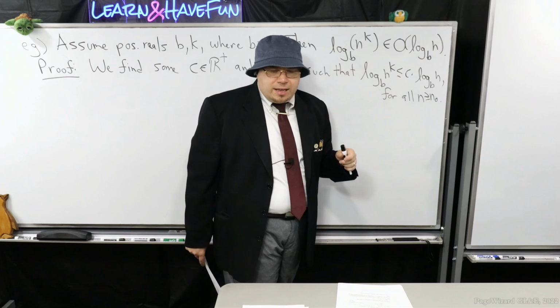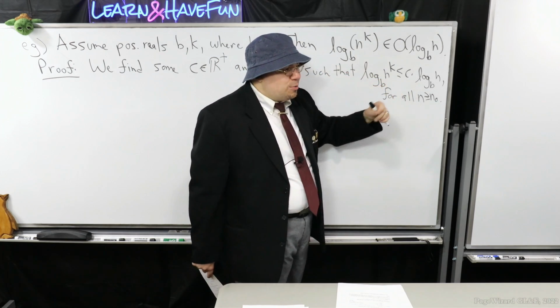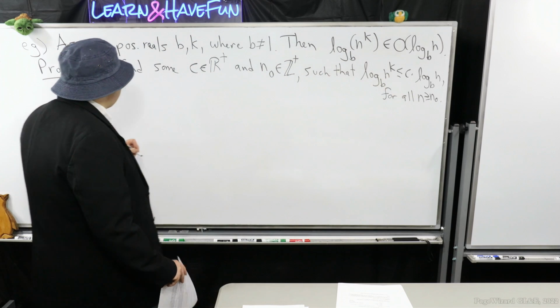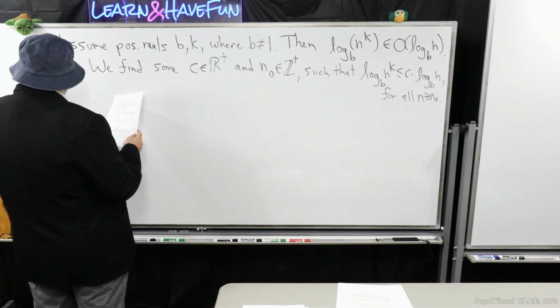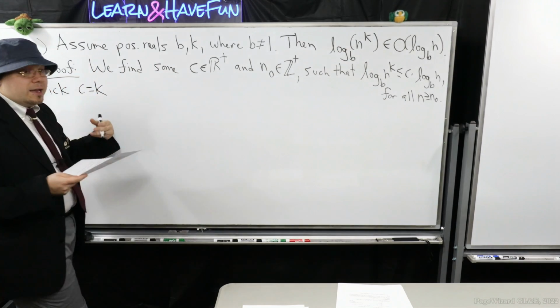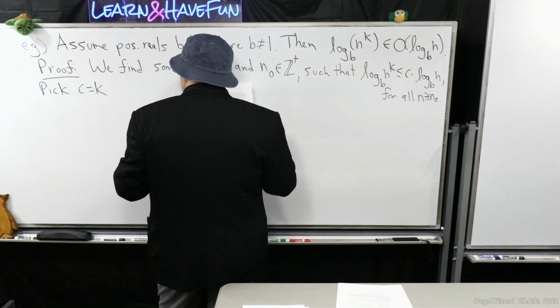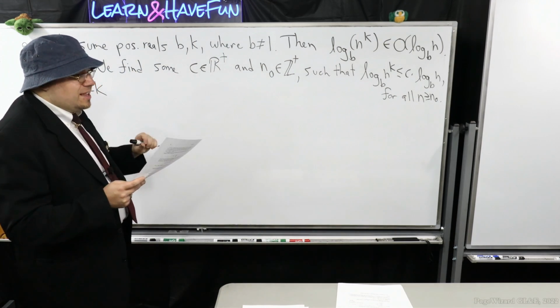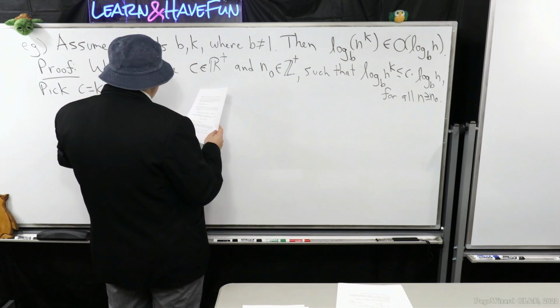But if you look at that very quickly, you see that if I make c equal to k, we're done, right? I just need to use those properties. So pick c equal to k, because I'm just going to play my lookalike game. So I'm just going to apply our lookalike approach to just make this work. But I have to do a little bit of massaging to the left-hand side to make that possible. So I'm going to pick c equal to k.